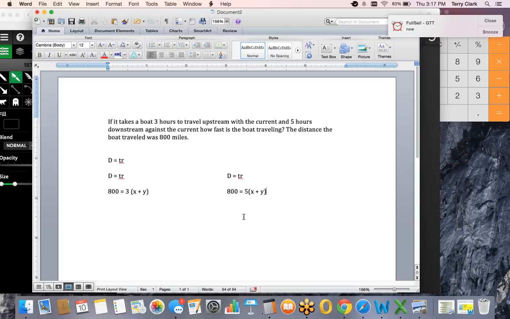Okay, so those are my two equations. Obviously I got two equations here, so that's going to be a linear equation. The way I'm going to solve this problem is I'm going to rewrite it.